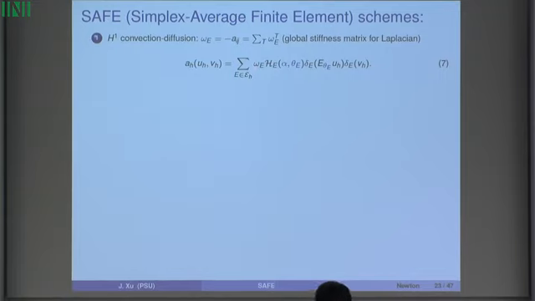I sum this with all the edges. So each edge gives an entry Aij, the entry from the global stiffness matrix for the Poisson equation. Okay, this is important.